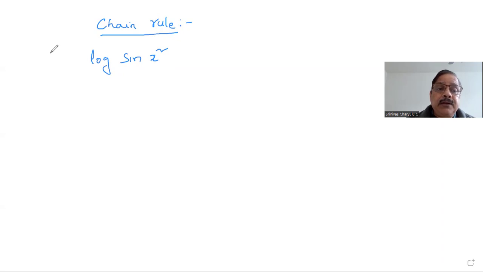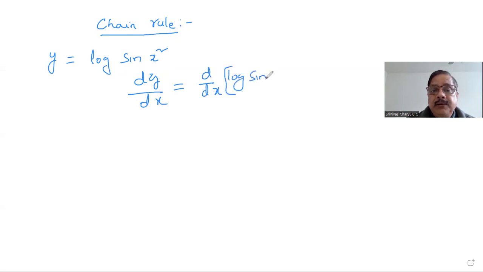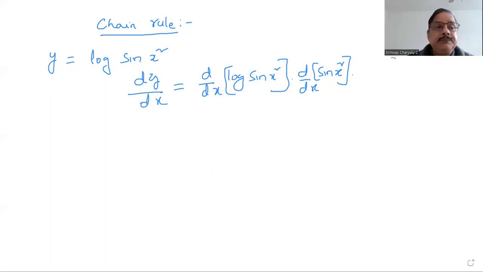So if, let us say, y is equal to this, then dy by dx will become d by dx of the entire log sine x square, then d by dx of sine x square, then d by dx of x square.